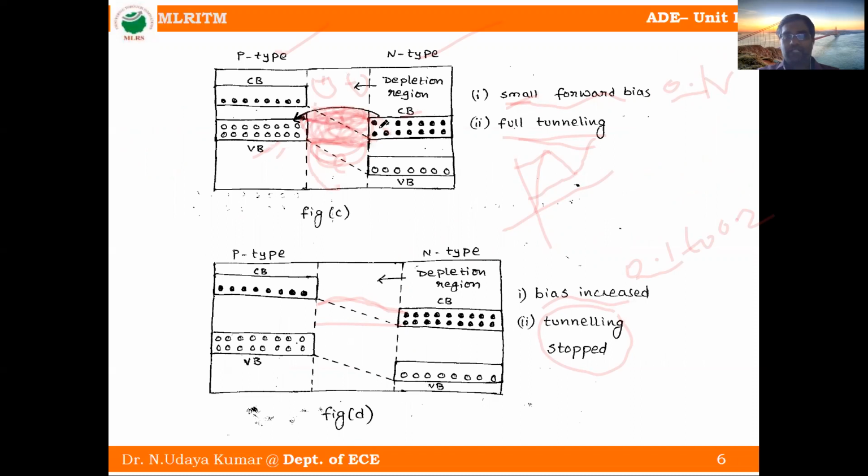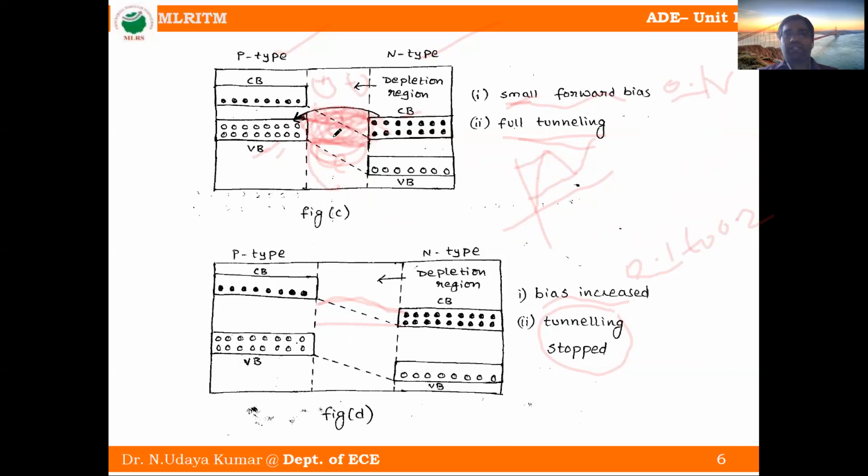If the levels are the same, current conduction exists. Because of heavy doping, the barrier width is small, so electrons penetrate. This penetrating mechanism we call the tunneling mechanism. In small voltage, full tunneling occurs.